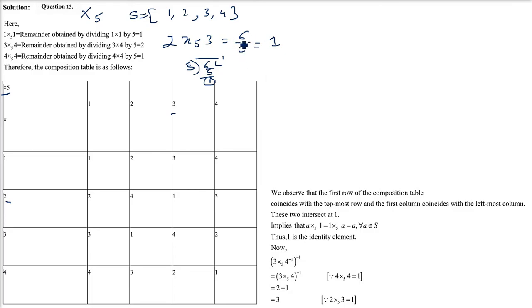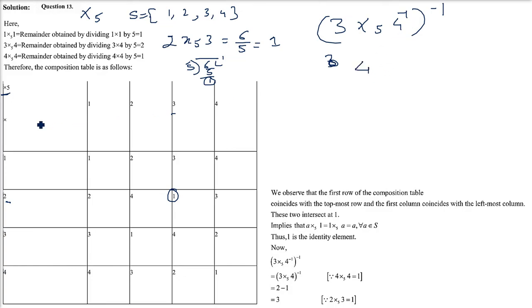Now the question is asking about an inverse, but there is an expression. The expression is 3 ×5 4 inverse. So what is the 4 inverse? As I said, this is multiplication, so the identity element will be 1.